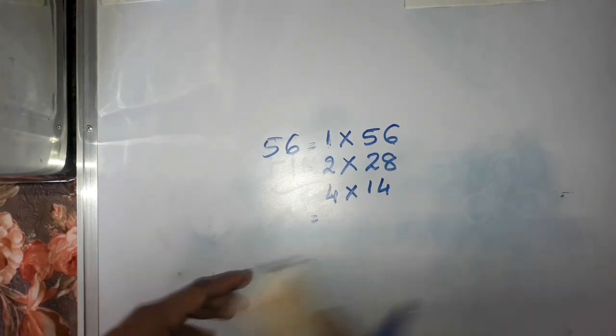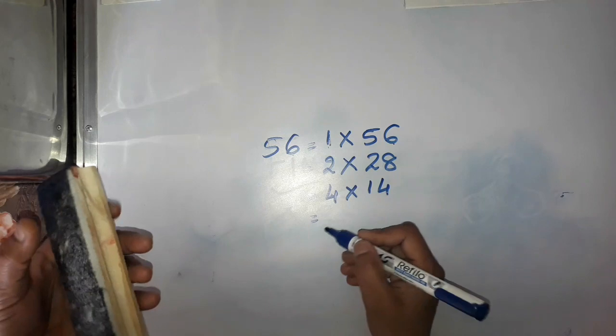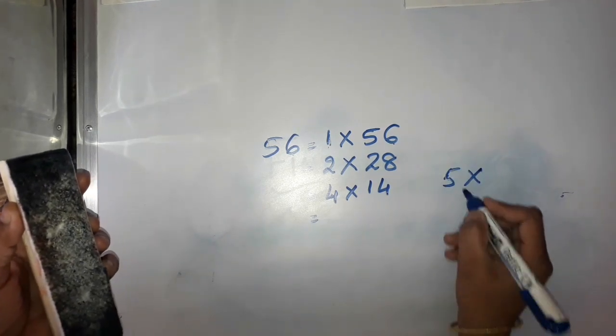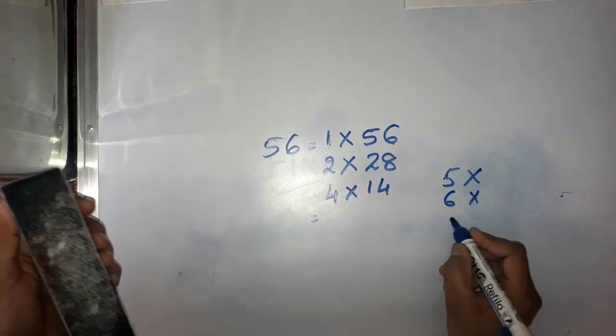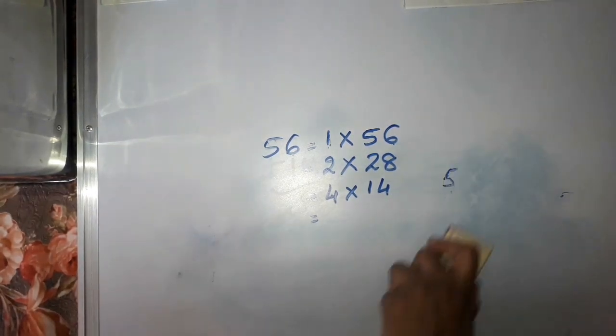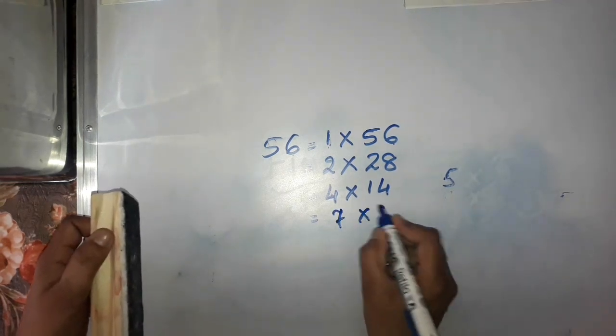Now after 4, 5 you have cancelled, 6 also, 5 no, 6 no, 7 8s are 56. So here you can write 7 into 8.